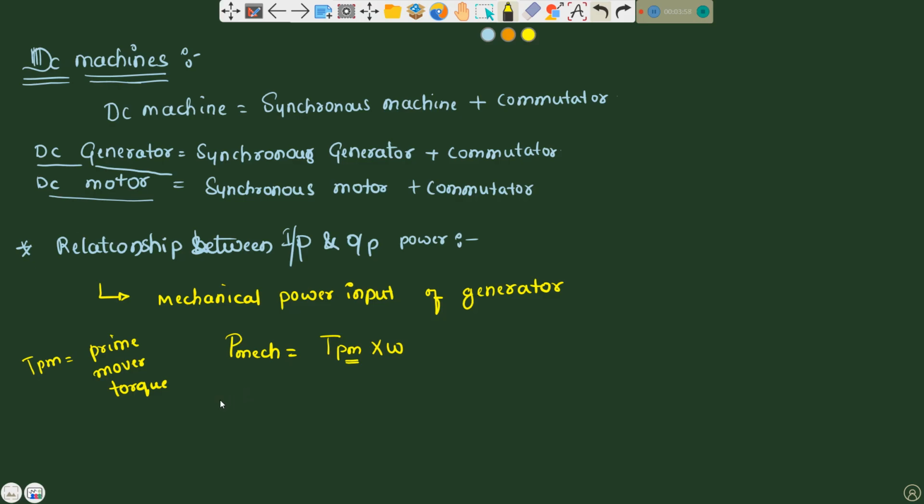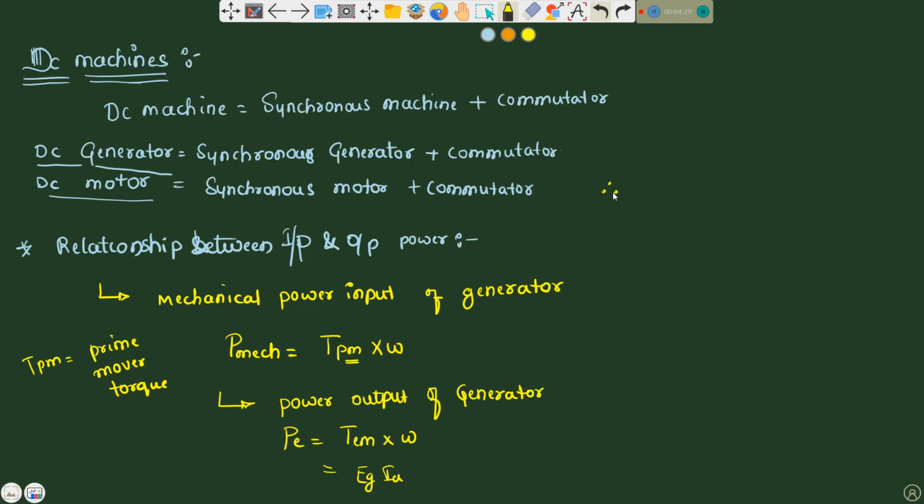Then what we have is the power output of the generator. What is the power output of the generator? That is electrical power, equal to electromagnetic torque times omega, which will be Eg times Ia.